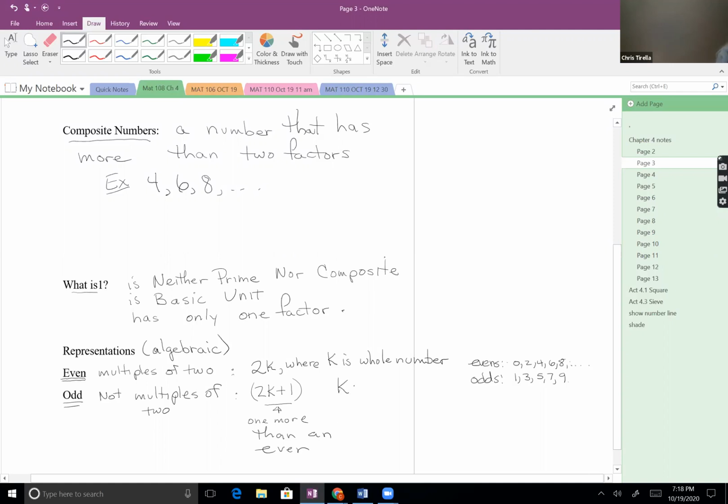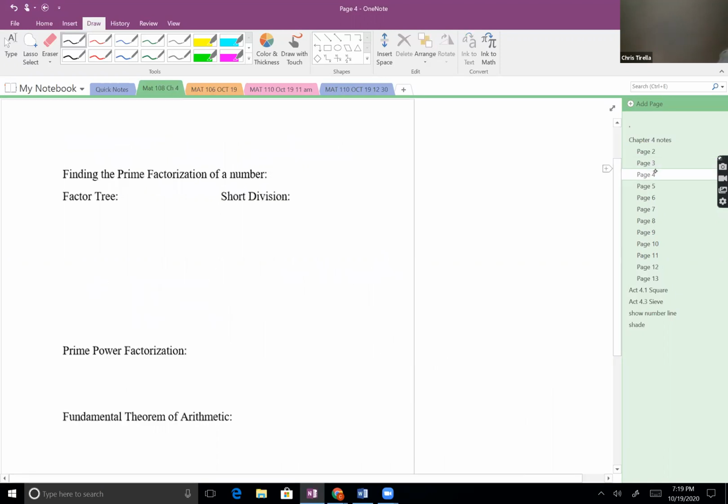And so again, k is a whole number. Which is sort of interesting. Any questions so far? If not, I'm going to go on to the next page. And I'm looking at the way I outlined the notes.